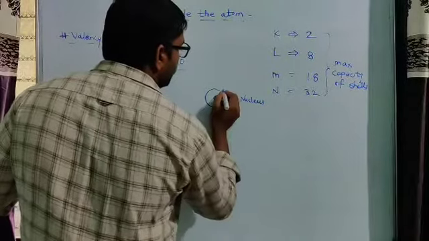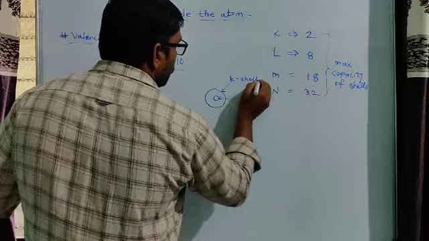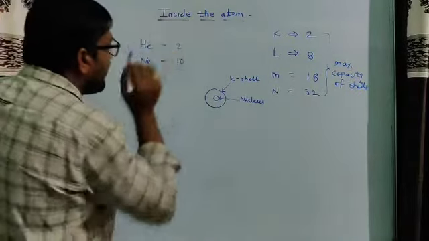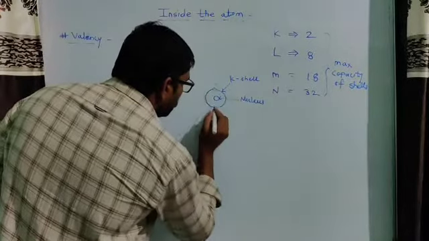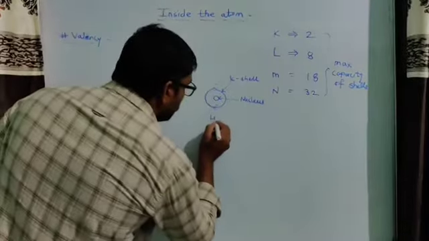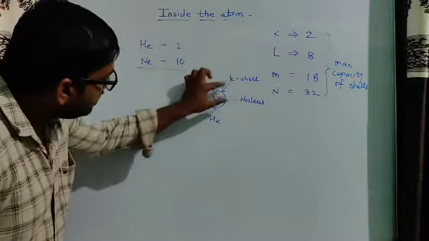This is the nucleus, this is the K shell. Here it has only 2 electrons. So in the helium atom, only one shell is there, and that is the K shell.